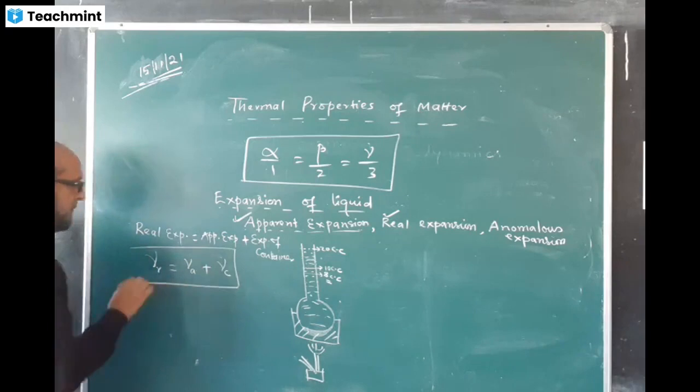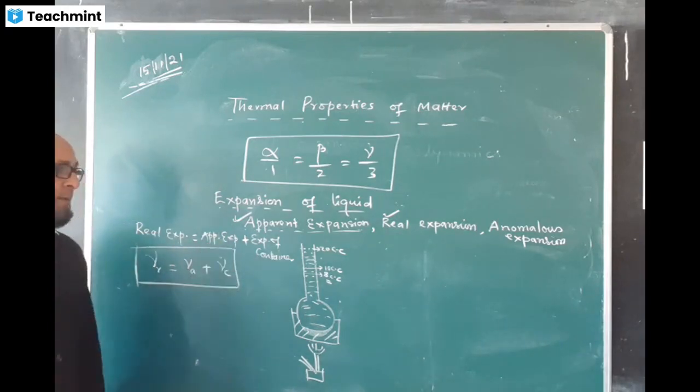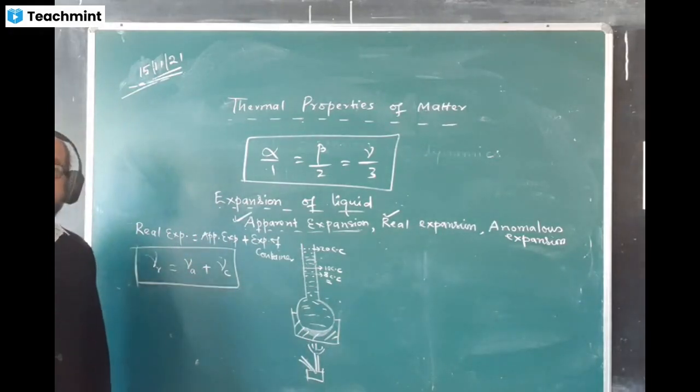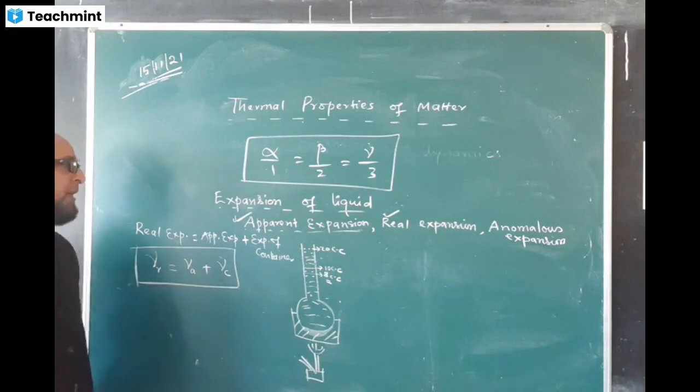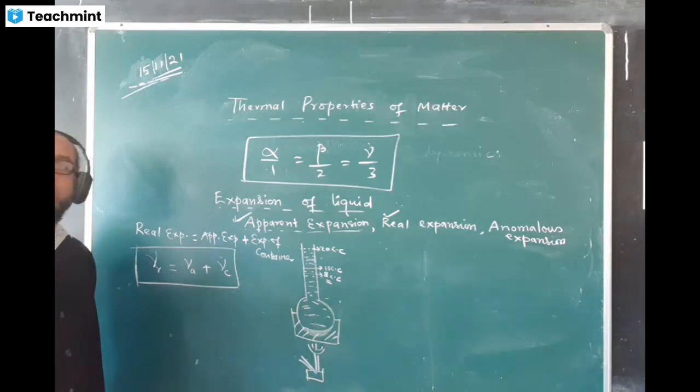This will be written as an equation. Real expansion is bigger than the apparent expansion. Apparent expansion means we are just seeing the initial level and the final level of the liquid, but what happens in between we are not bothering about, not seeing. Apparent expansion means only the expansion of the liquid, and real expansion means the expansion of the liquid as well as the container.